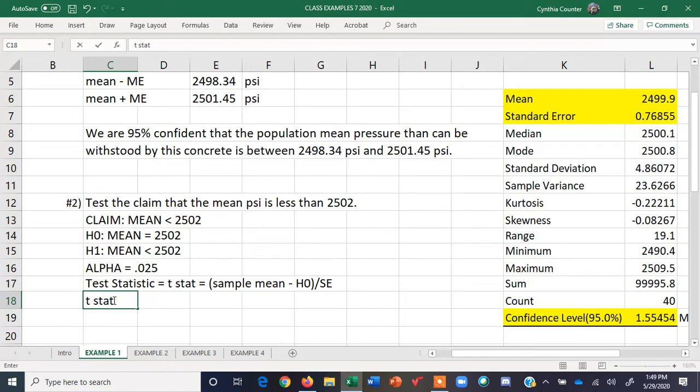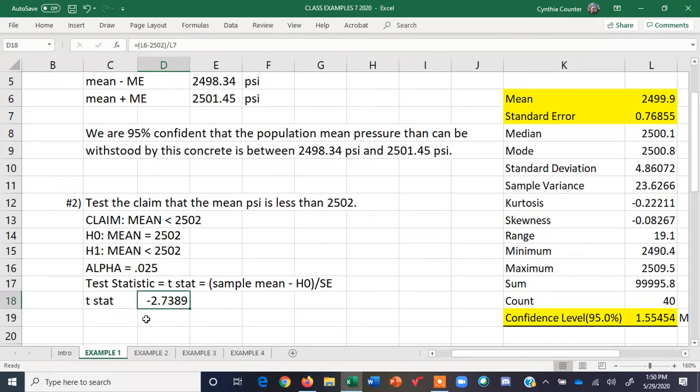So t-stat equals, open parenthesis, the sample mean minus that assumed parameter in the null hypothesis of 2502, and then we'll divide that by the standard error. And here's our t-stat, negative 2.73.